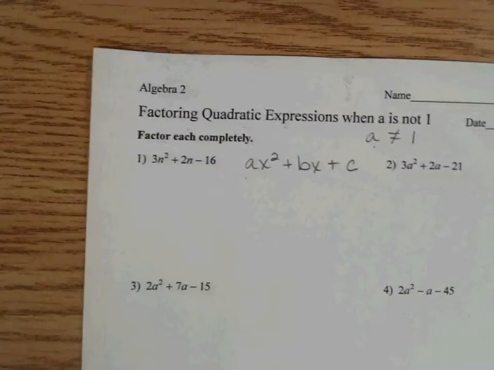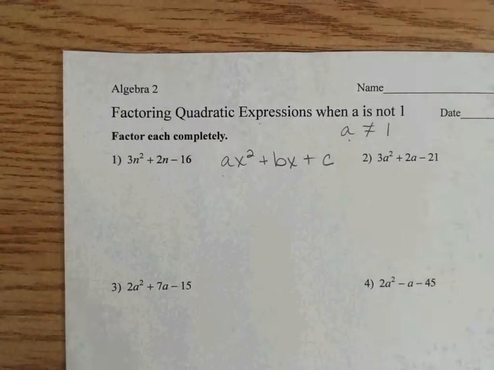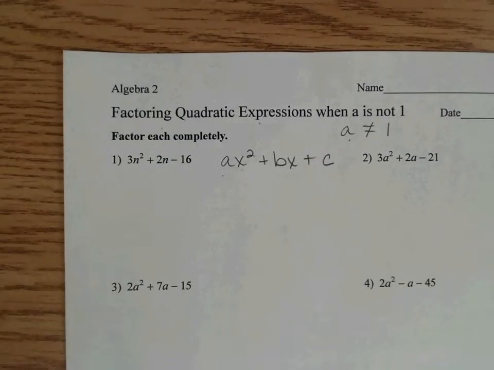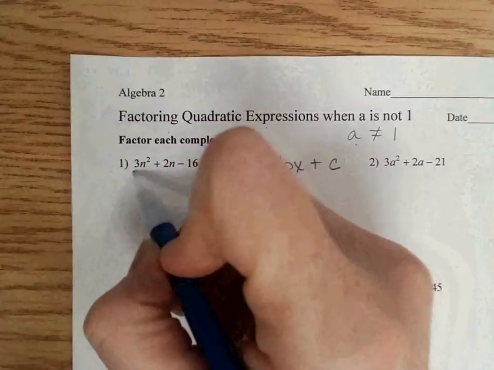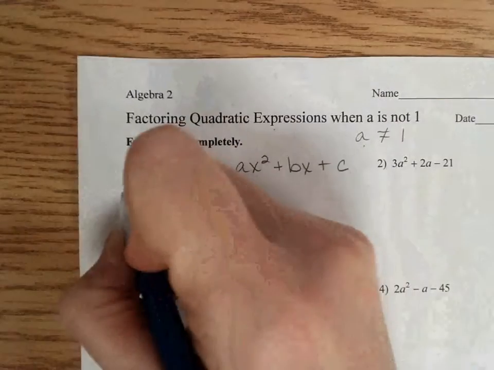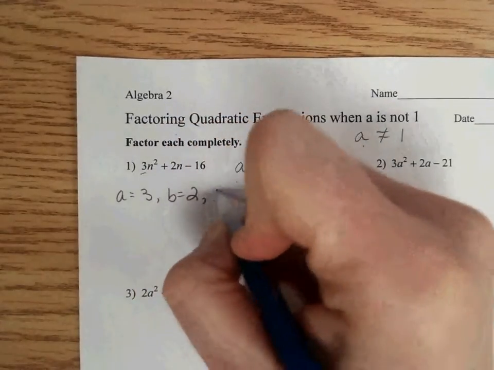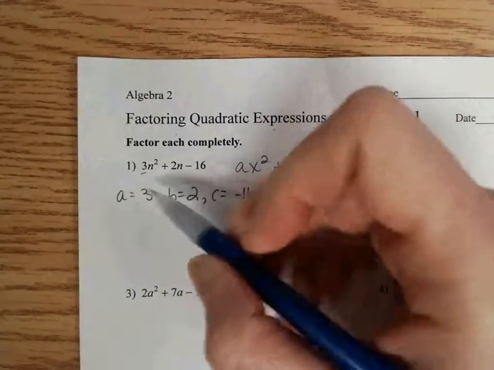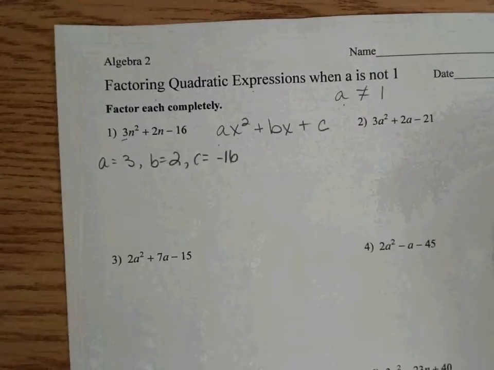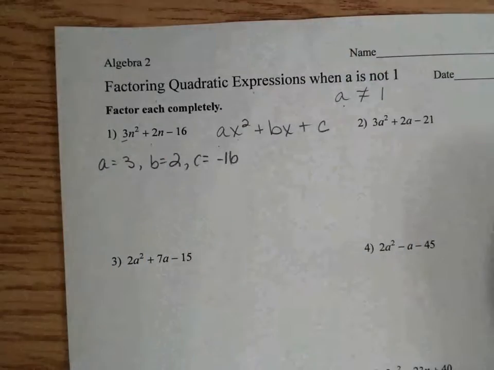And now we have this new level of problem where if we look at this lead coefficient, our a value is 3, b is 2, and c is -16. And if we tried to factor out a 3, it wouldn't work. It doesn't go into 2, it doesn't go into -16.